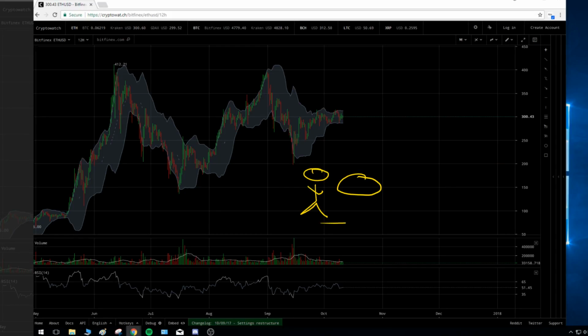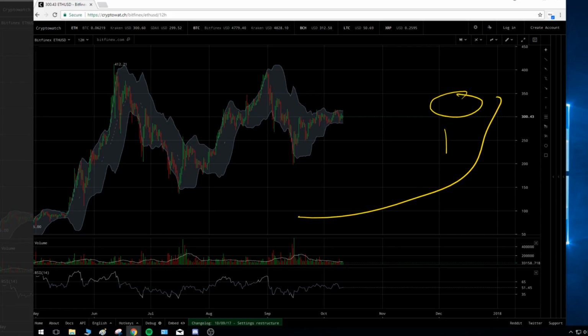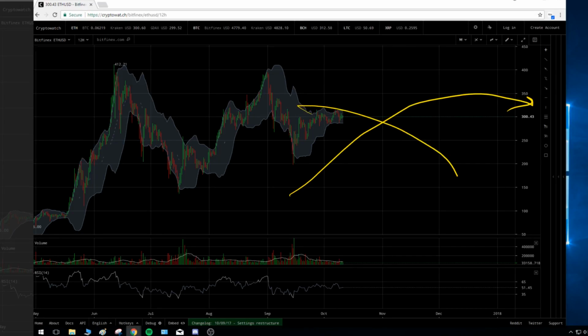But if the hill is something like this, then as he pushes it higher, it becomes harder and harder because the slope increases, and eventually it's likely to reverse and roll back down the hill. You can think of the market the same way, right? The price goes up, the price goes down, and we can use the RSI to judge whether it's likely to roll back down the hill, so to speak.